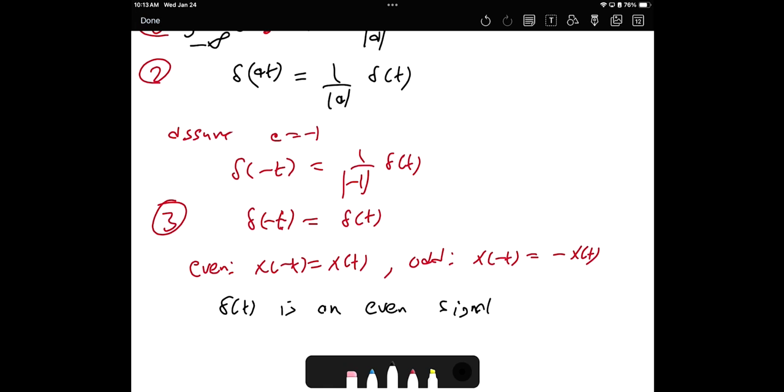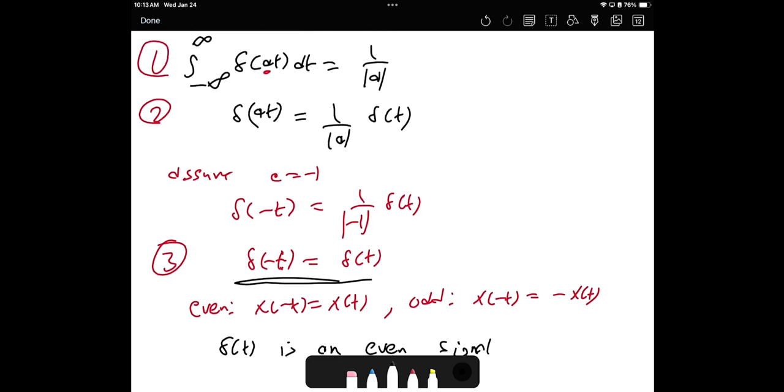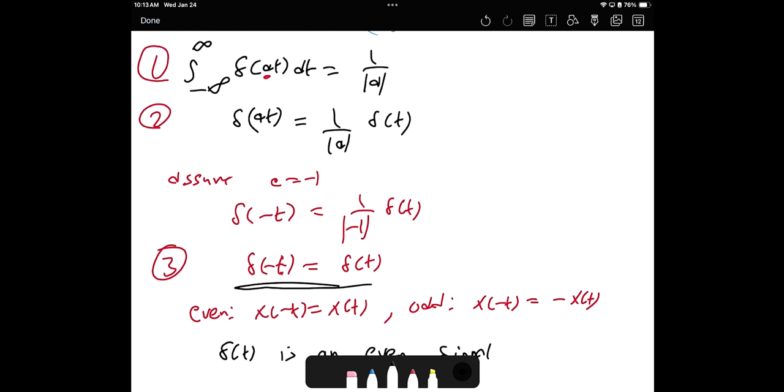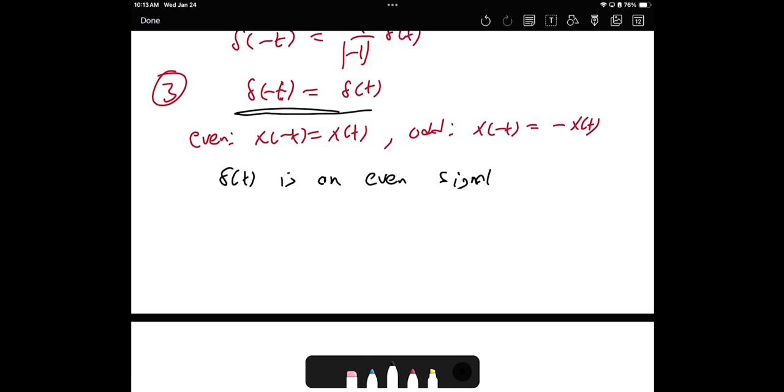Okay? Is this clear? So these three properties are important for delta of t and the integral of delta of t. Let me give you an example: delta of 3t will be delta of t divided by 3.